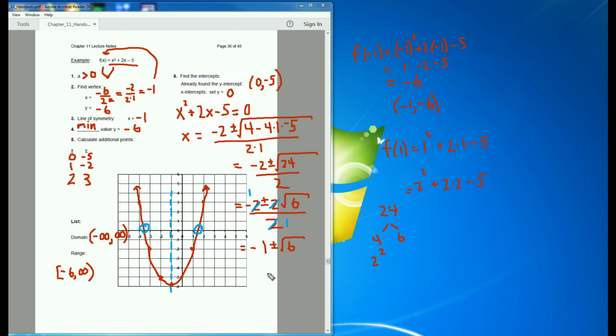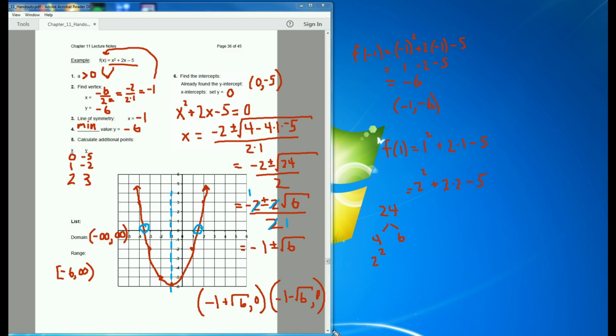And again, that's two solutions: negative 1 plus the square root of 6, and negative 1 minus the square root of 6. Those are the x coordinates, so the full points would be that, comma 0, and that, comma 0. So those are your two x-intercepts.